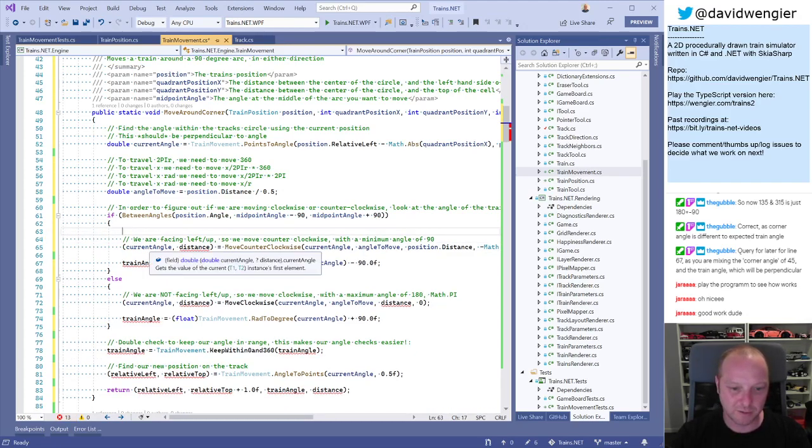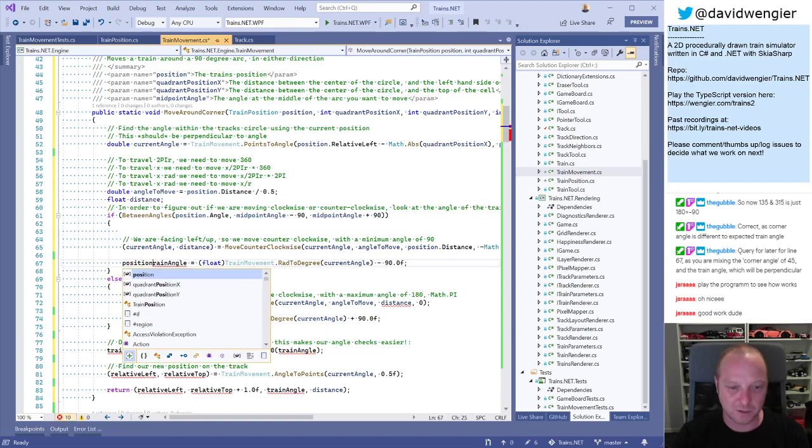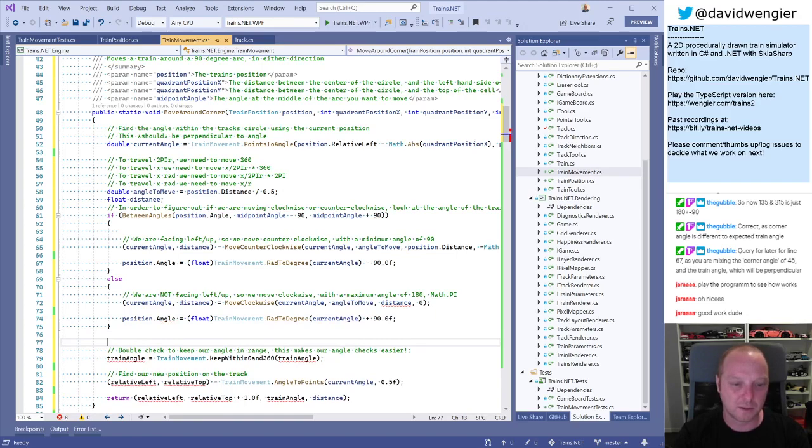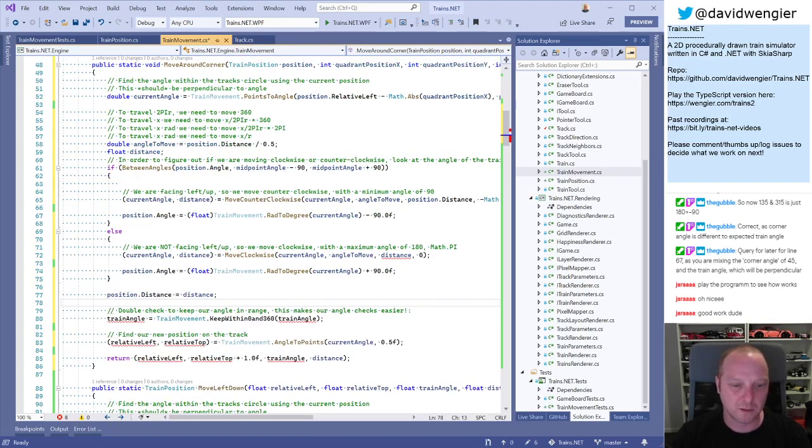What type are we? Float? Float. Okay. So this is position.angle. This is position angle. Distance is distance. Position angle.